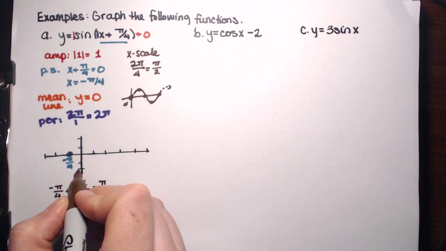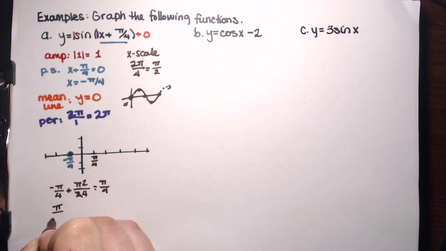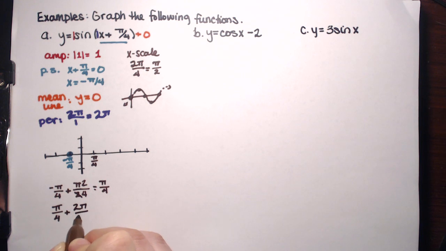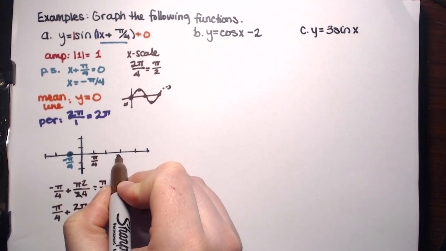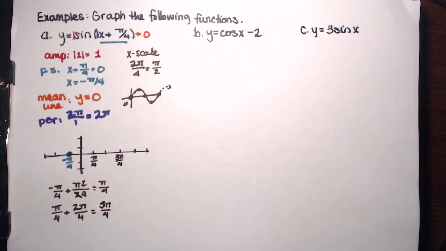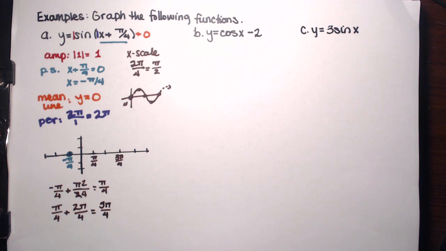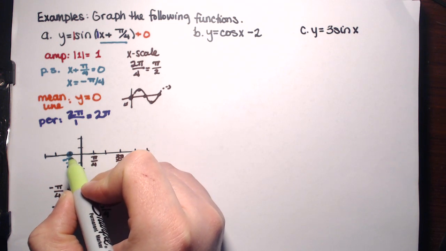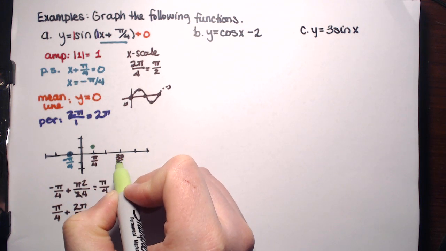So let's mark that on the graph. So there's my pi fourths. And then let's take pi fourths and add another 2 pi fourths to that. And I get 3 pi fourths. So 3 pi fourths, and so on. So basically, every 2 marks, we're making a step. So sine starts at the middle line, and then on the next step goes up, and then on the next step goes down.